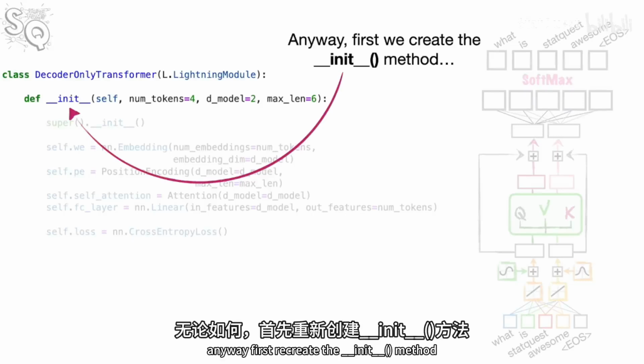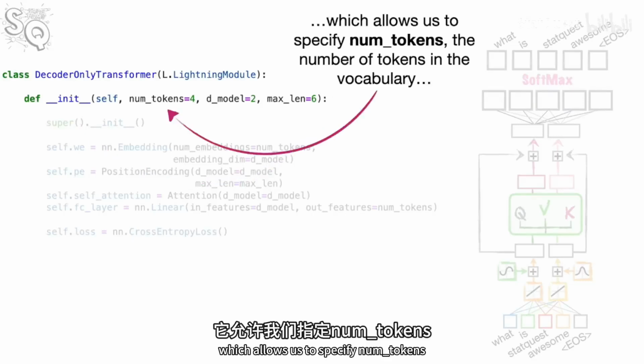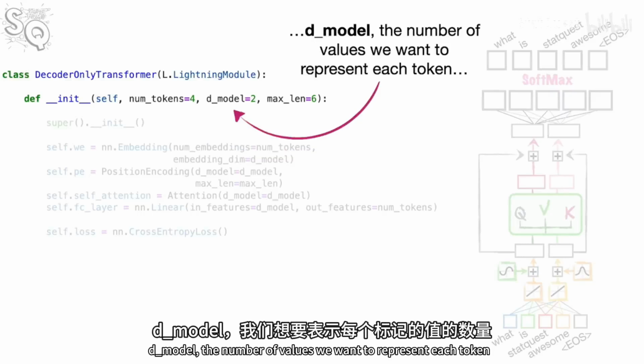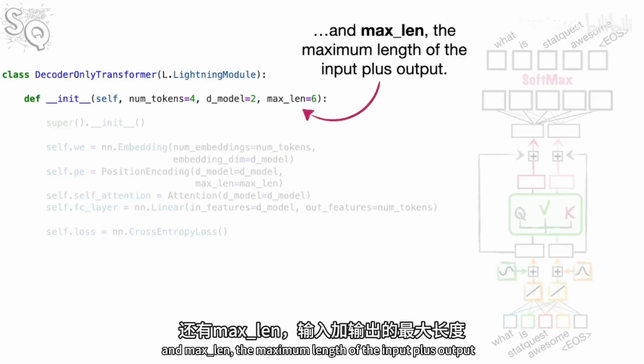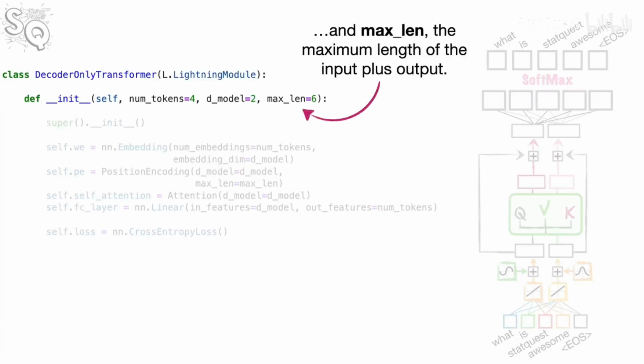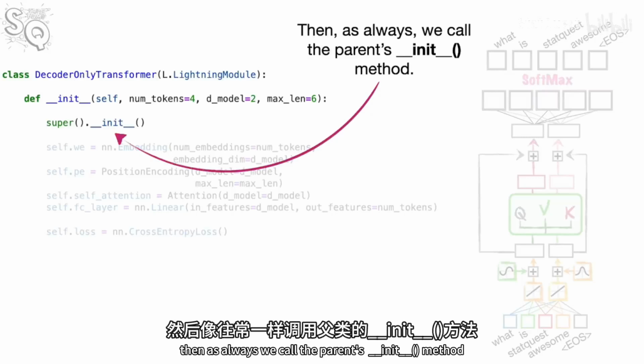Anyway, first we create the init method, which allows us to specify num tokens, the number of tokens in the vocabulary, Dmodel, the number of values we want to represent each token, and maxlen, the maximum length of the input plus output. Then, as always, we call the parent's init method.